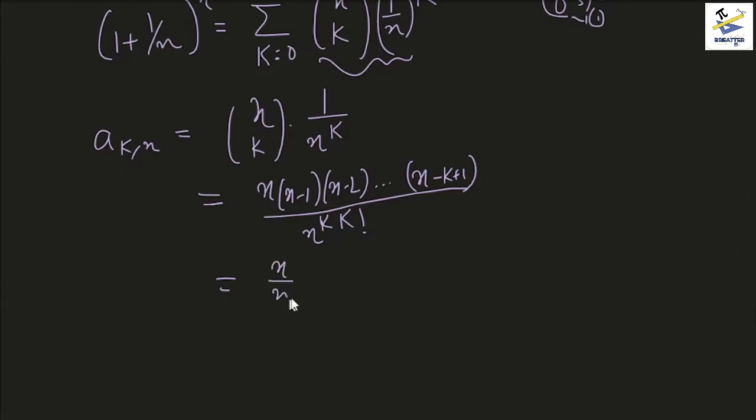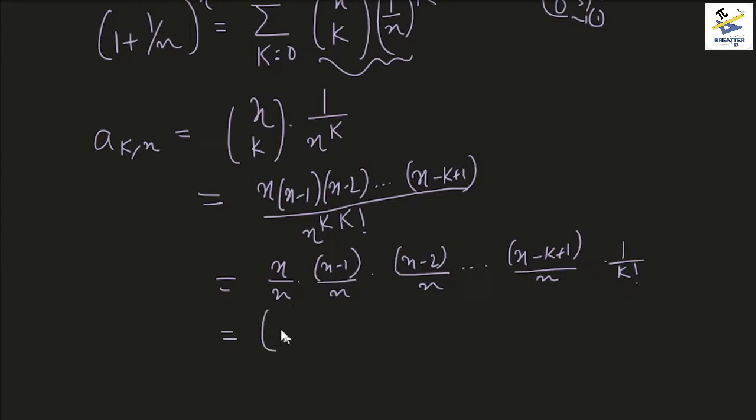x by x into x minus 1 by x into x minus 2 by x and all the way up to x minus k plus 1 by x, and then there is a 1 by k factorial. And now there are k terms, so I have divided all the k x's in as denominator to this one.